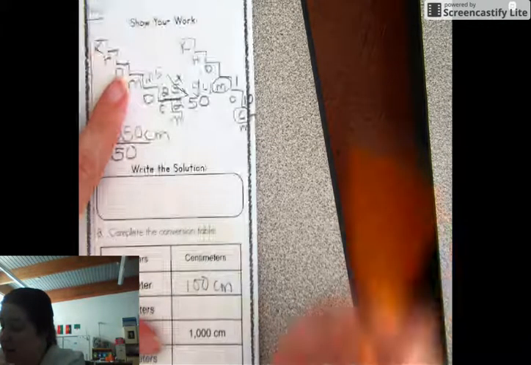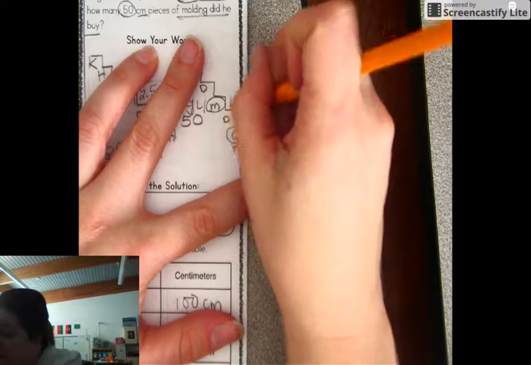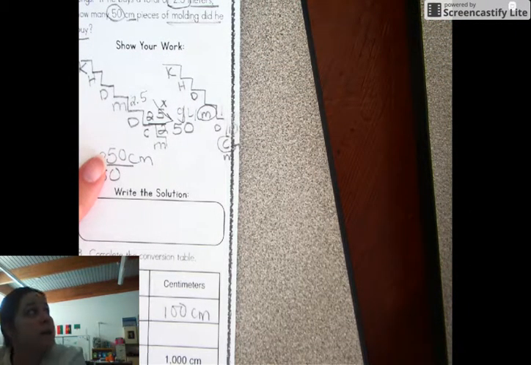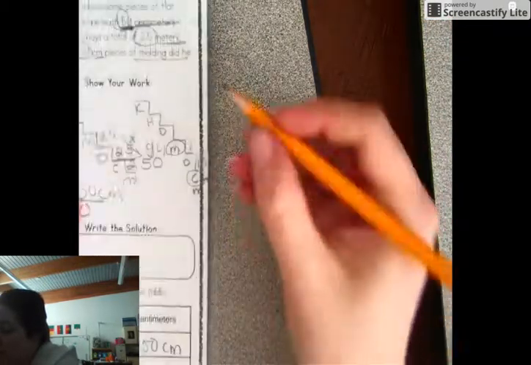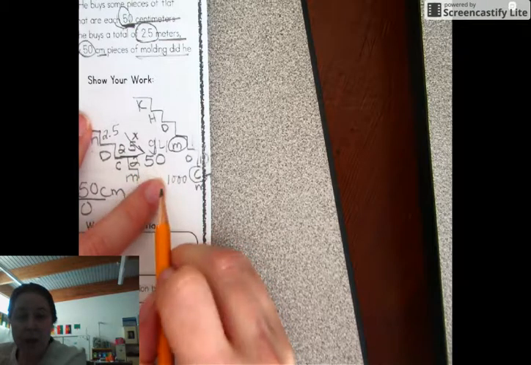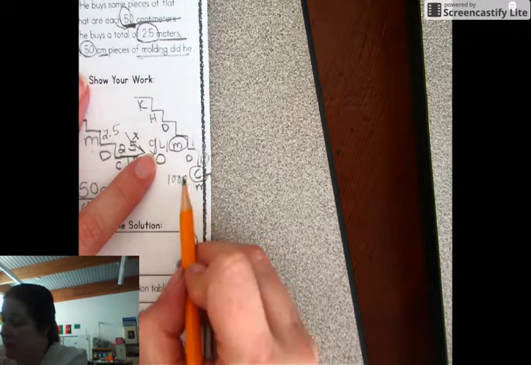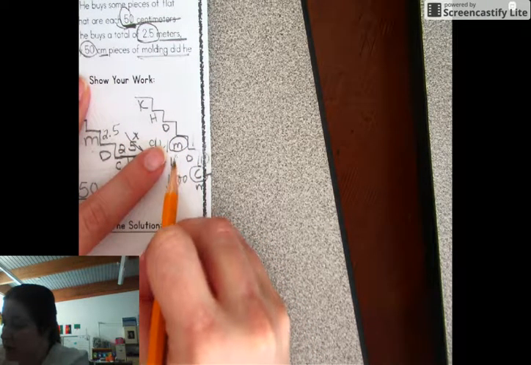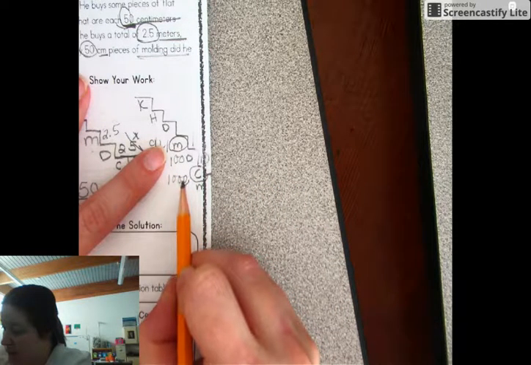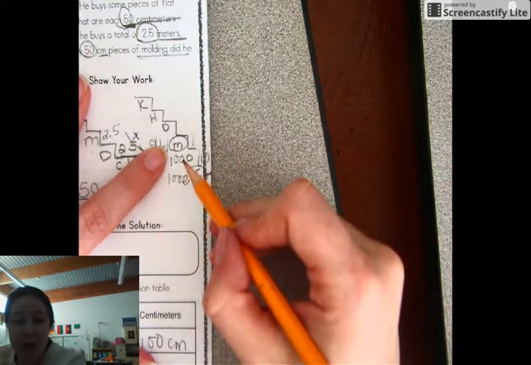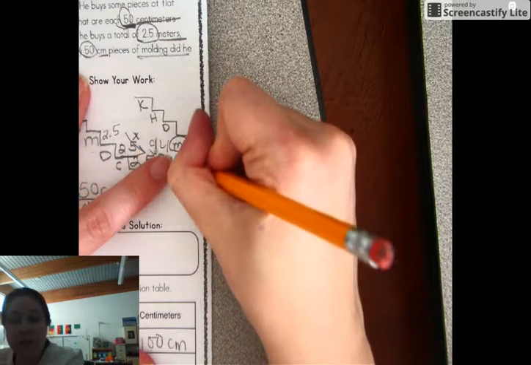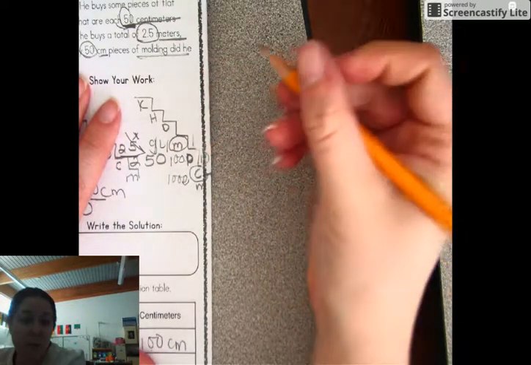And let's look at the centimeters, okay? So we're going to start here, and if we're going up the staircase, we are going to divide, and I'm starting with 100 centimeters. I don't have enough room on that side, so I'm going to put it over here. And if I'm going up the ladder, I'm dividing by 10, so I'm going to have 10 decimeters, right? I'm moving over from here to here, 1 spot. That's a D, not a decimal value, by the way. And then to move to meters, I'm going to divide by 10 one more time.